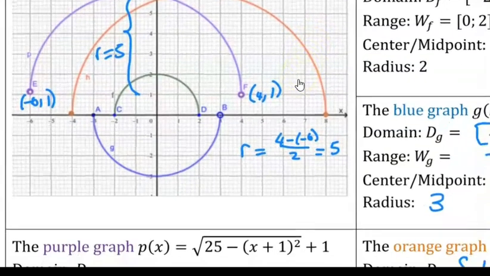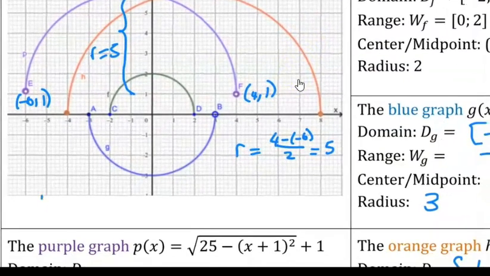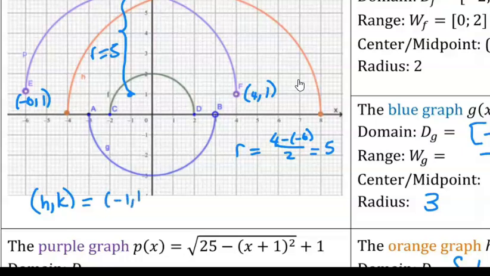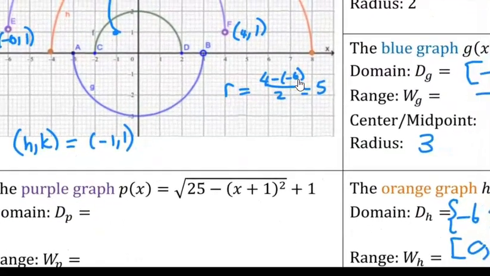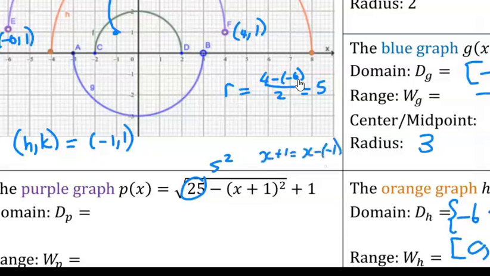So first of all, our H, K for the purple graph will be this point here, which is the point -1, 1. And then that confirms our equation, which is 5 squared, so our R is equal to 5, with that x plus 1 is equal to x minus -1.